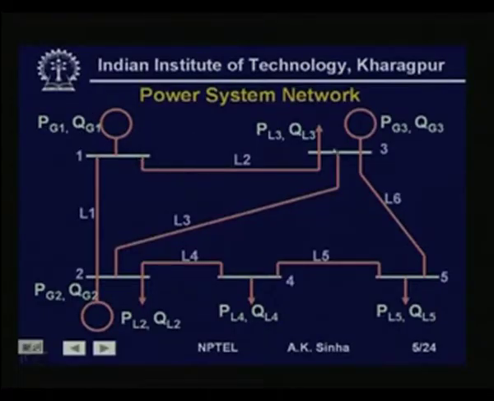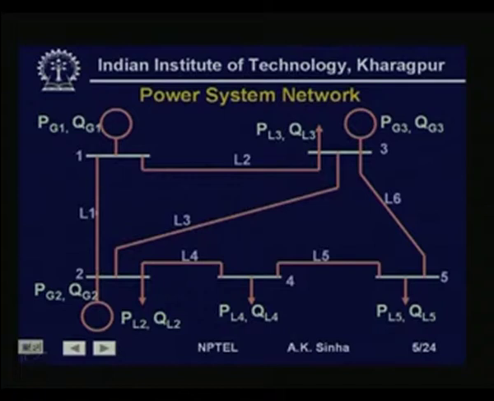So, in general we have generating bus bars and load bus bars, and these are connected by means of transmission lines, transformers and other equipment, and these lines and transformers connecting the bus bars form the power network.